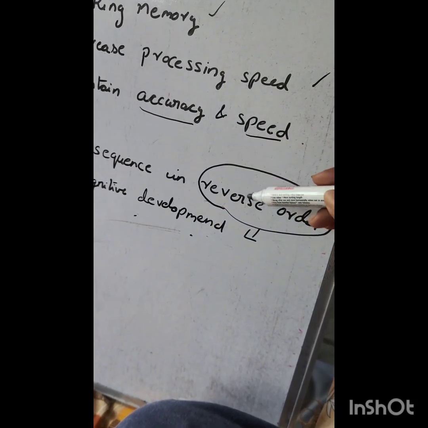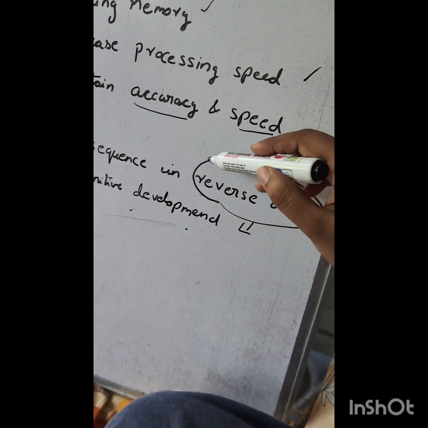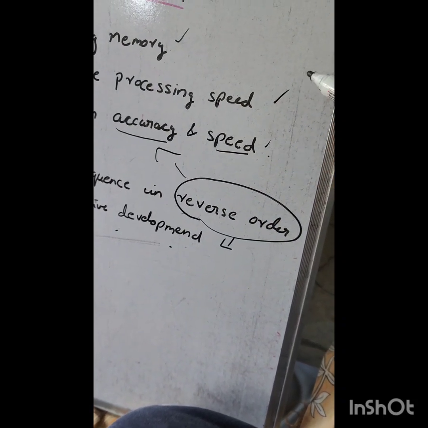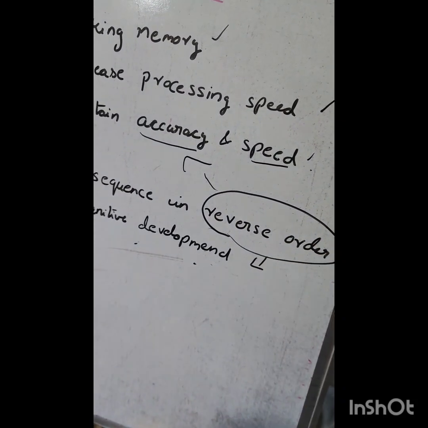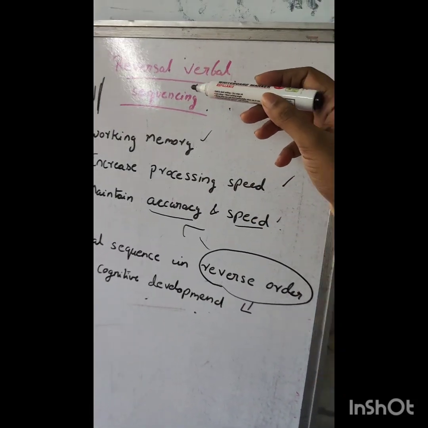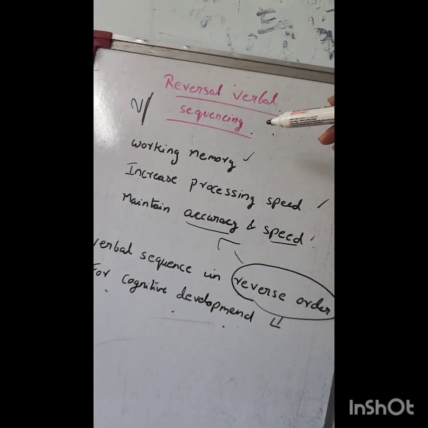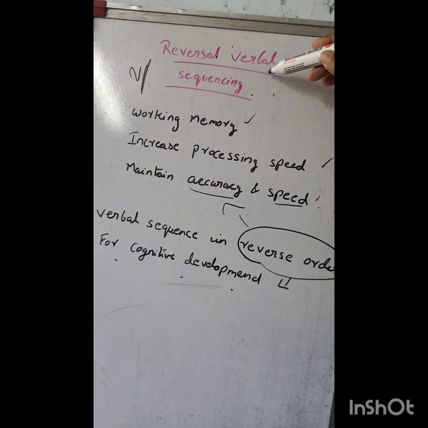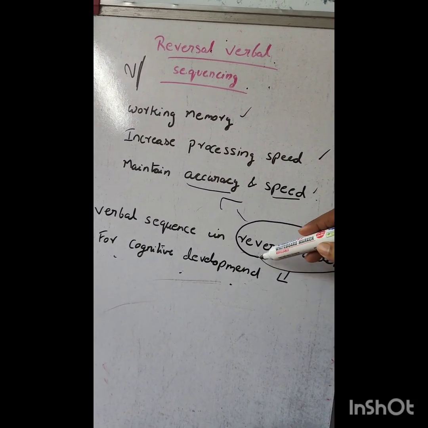So mistakes are very common in reversal. Without mistakes, the child has to do things accurately and quickly. Speed is very important here. This is all about reversal verbal sequencing. I hope the meaning is understood.